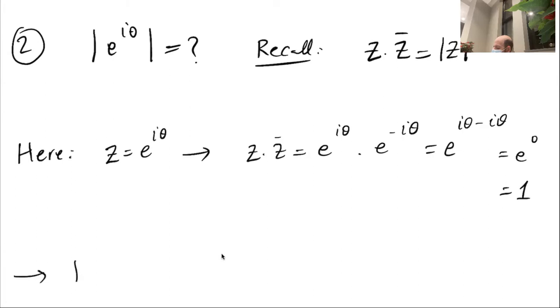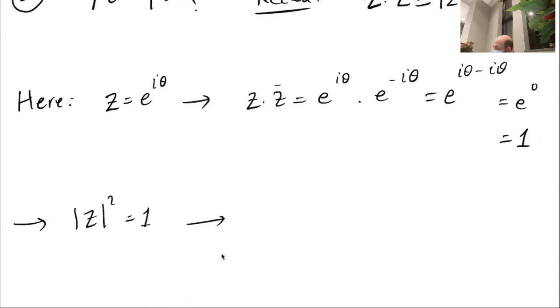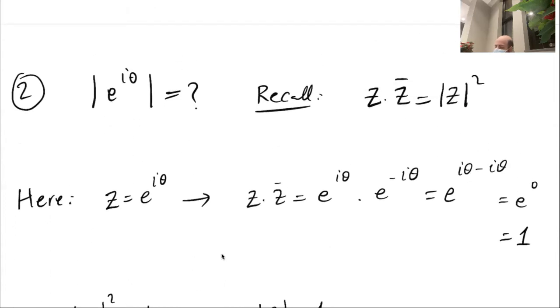So that means norm z squared is 1, and because norm z is always a positive number, remember, we use Pythagoras to find norm z, and it's always a positive number. So if norm z squared is 1, then norm z or magnitude of z would be 1. So this is a complex number with magnitude 1, e to power i theta.